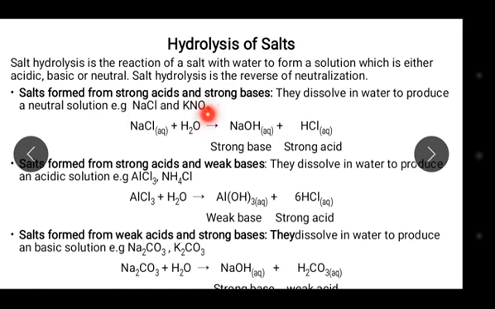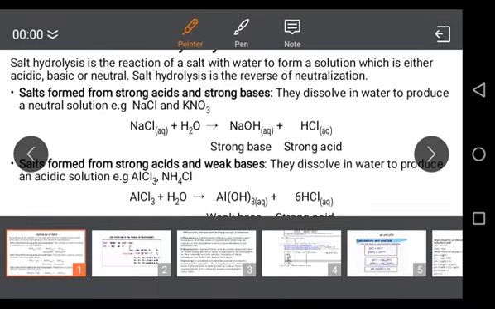The potassium nitrate salt was formed from potassium hydroxide and HNO3, which is nitric acid, a strong acid. So, having been able to predict the acid and the base that form the salt, we can therefore form a conclusion about the kind of solution the salt will produce on hydrolysis. So that's the first case.